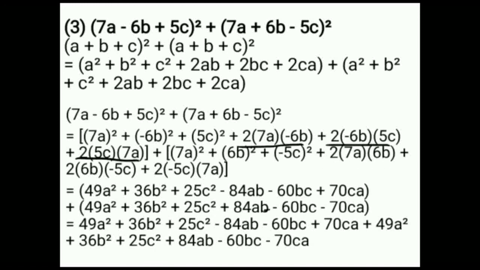Minus 84ab plus 84ab get cancelled, because 84 minus 84 is 0.